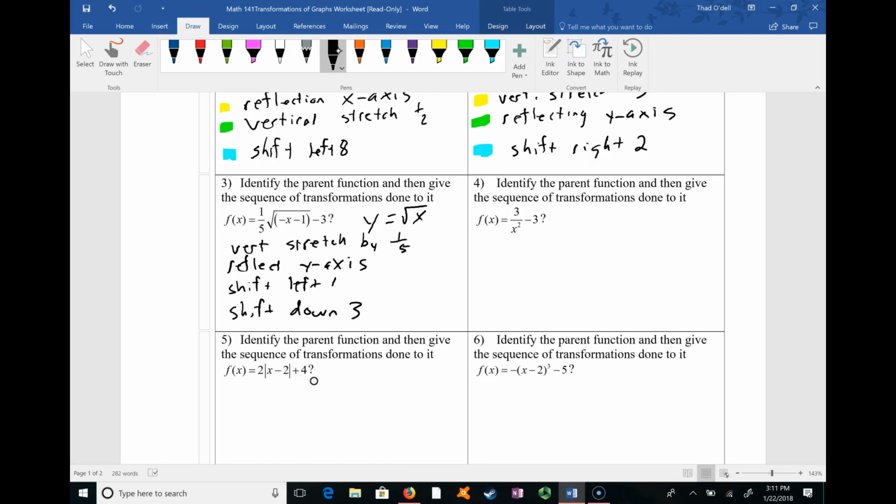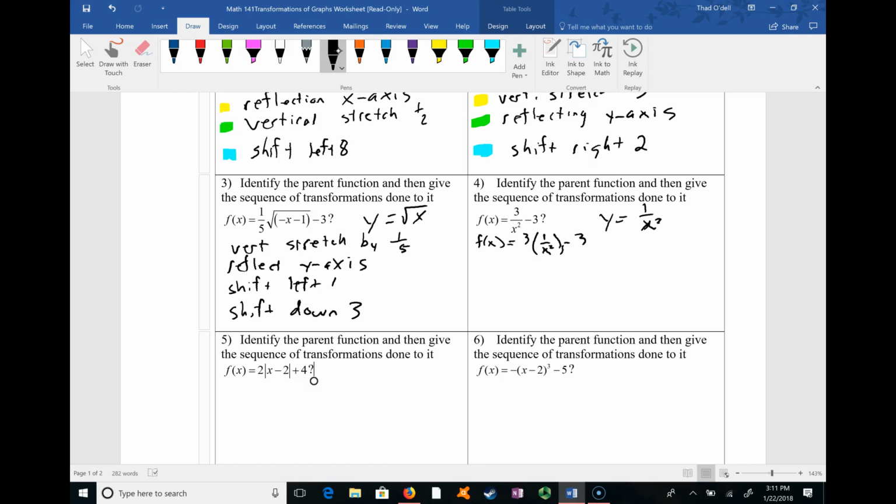Number 4, let's see, the parent function is y equals 1 over x squared. And we got several things going on here. It looks like we have a 3 up top. So it might be helpful to think of this as f of x is equal to 3 times 1 over x squared, because then you can see that the 3 is being multiplied.